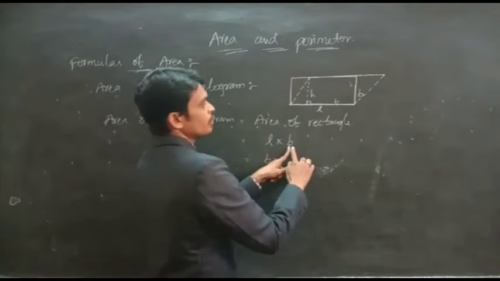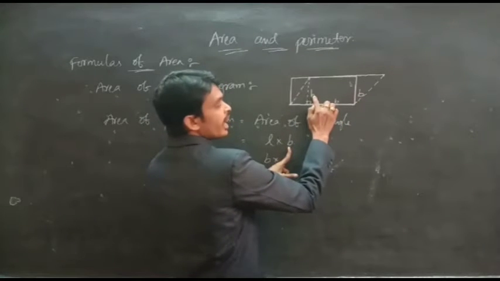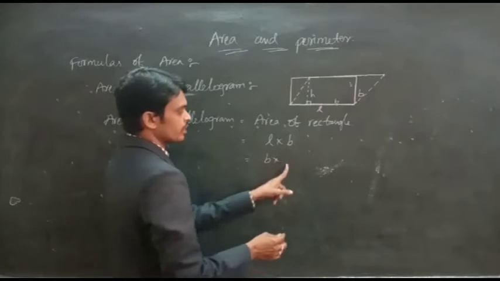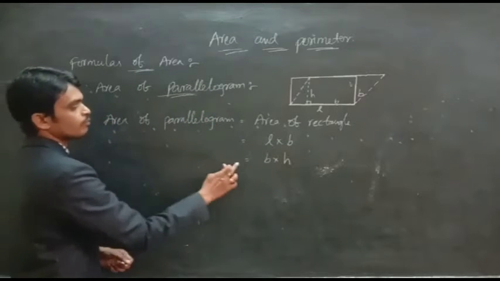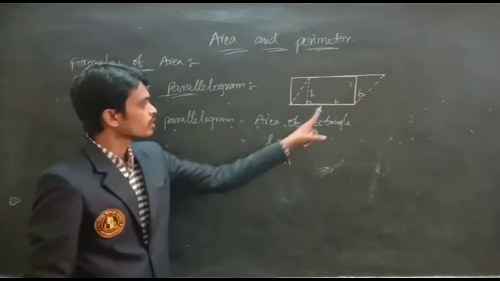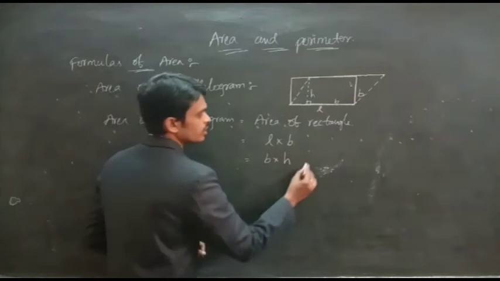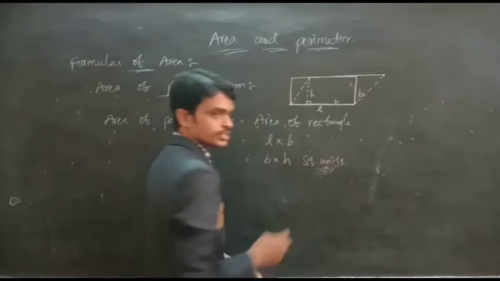Here we know this breadth is equal to the height of the parallelogram. Then in the place of breadth we can write the height of the parallelogram. Then area of parallelogram formula is base into height. Base into height, in square units.